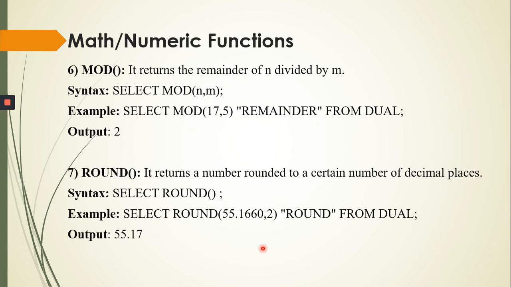These are all mathematical functions you know very well, so we only have to remember the function names. We have to pass the arguments and use the select statement for every math function.